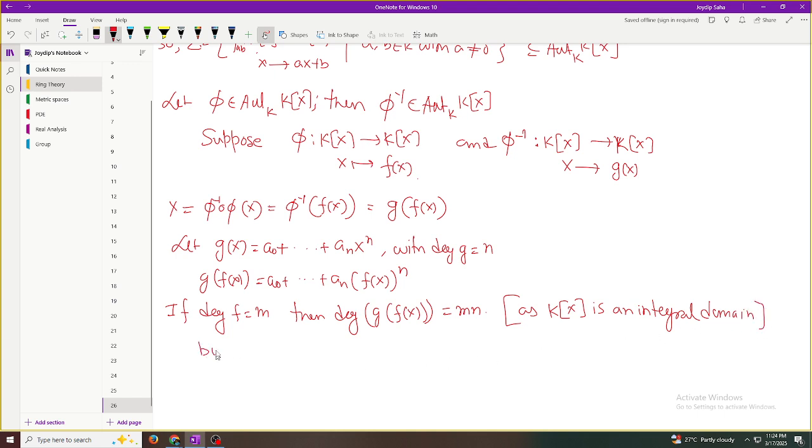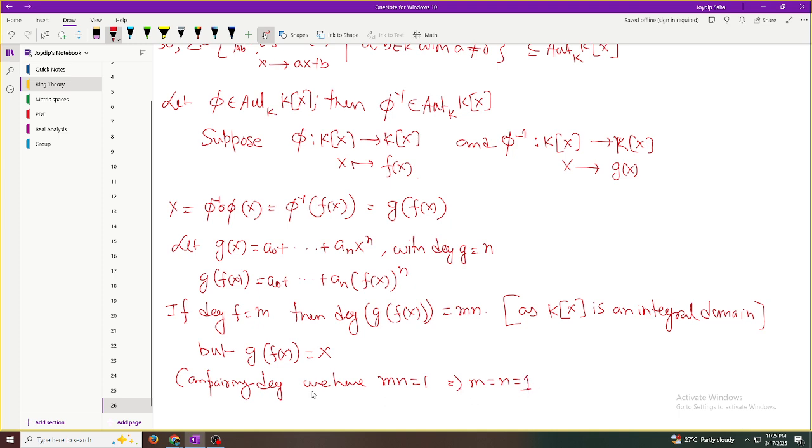But g(f(x)) equals x, comparing degrees we have mn equals 1. This implies m equals n equals 1.